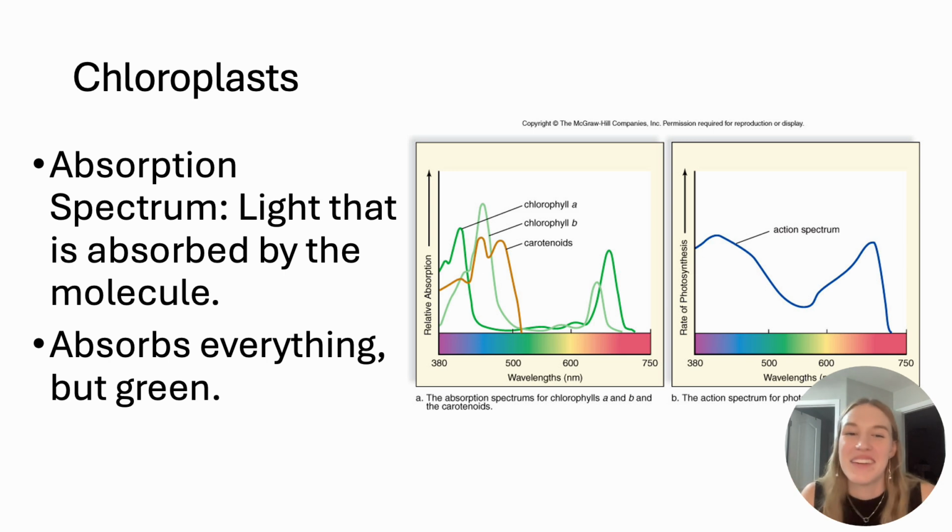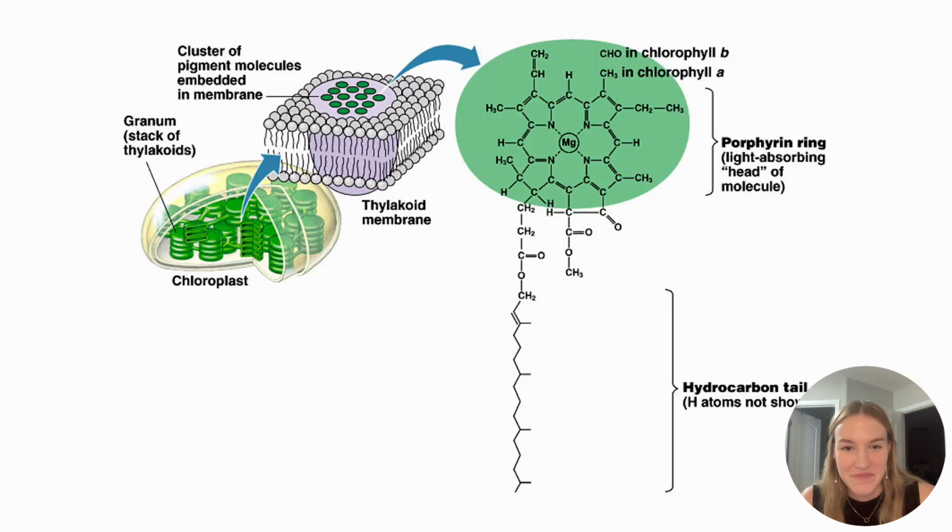heavy in carotenoids. Okay, now chlorophyll is a really interesting molecule. I don't need you to know the chemistry too much about it, but I do want you to notice a couple of things. One, the hydrocarbon tail of chlorophyll. Now chlorophyll has this hydrocarbon tail, and it has a different head group, which you may remember is kind of similar to a phospholipid.